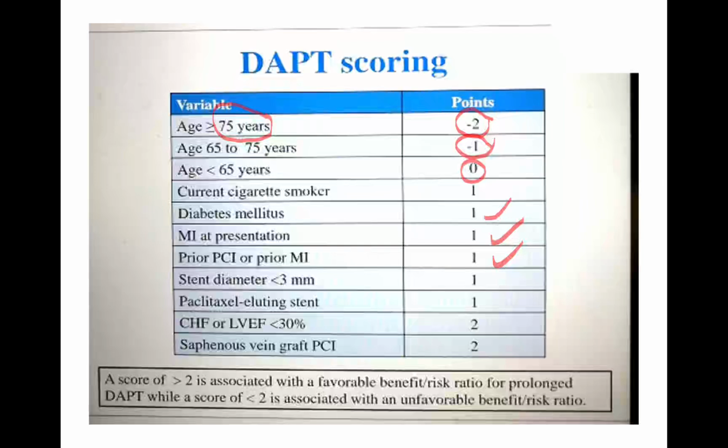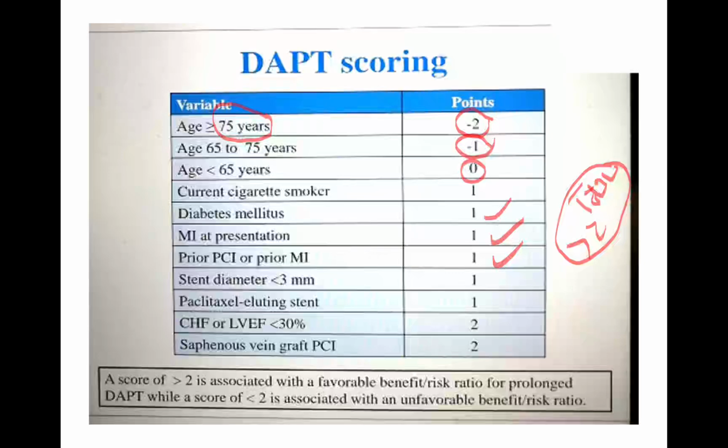If you get a total score of more than 2, then don't stop antiplatelets. Continue, give antiplatelet. If the score is less than 2, you can stop antiplatelet.